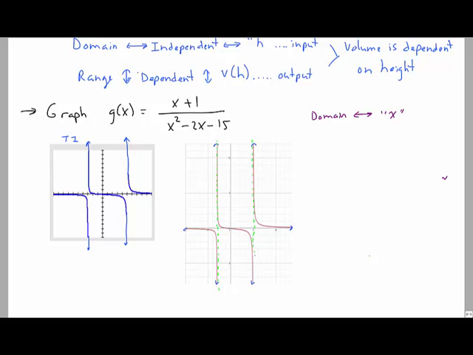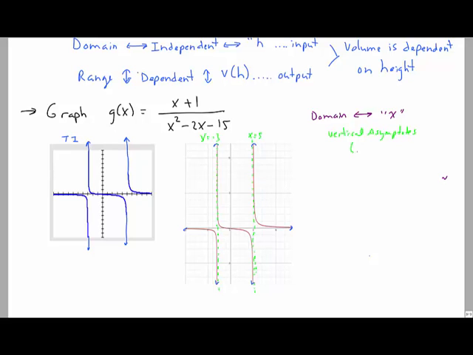And I can see that I have another one here. So this is x equal -3, and this is x equal 5. These dotted lines are vertical asymptotes at x equal -3 and 5.